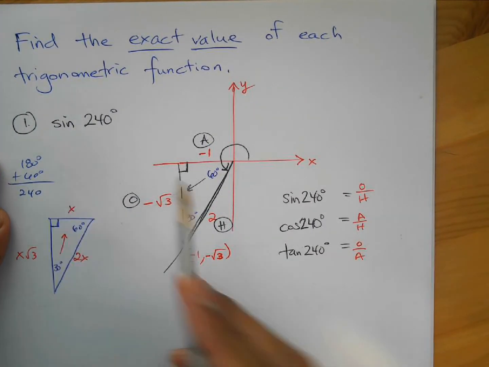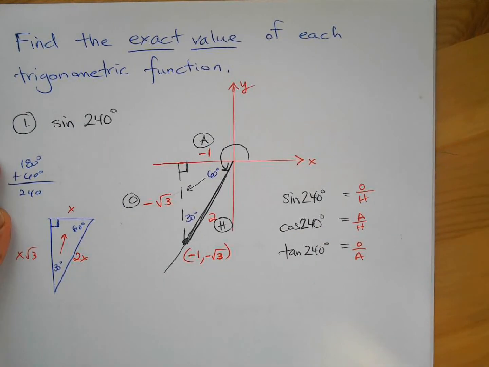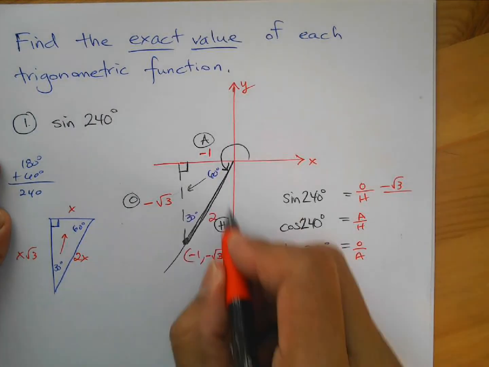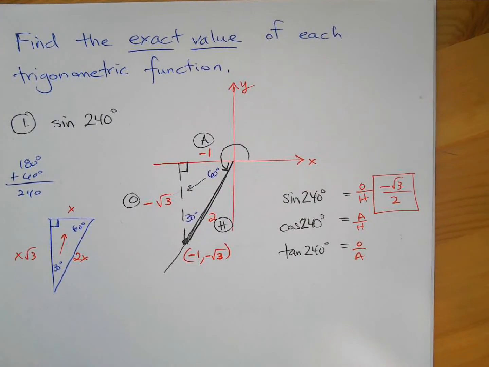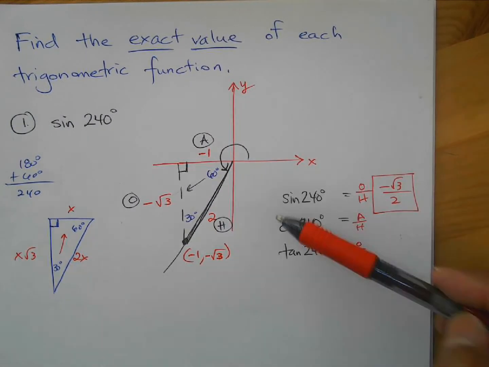To answer this question, sine of 240 is negative root 3, because that's the opposite side, over 2. That is the answer for this, just one specific trig function. But I'm telling you in the test, I'm going to ask you for all 6. Again, you should be able to do all 6, right?